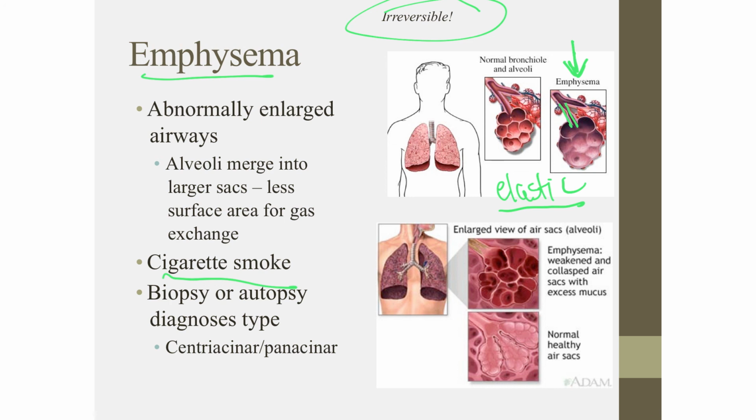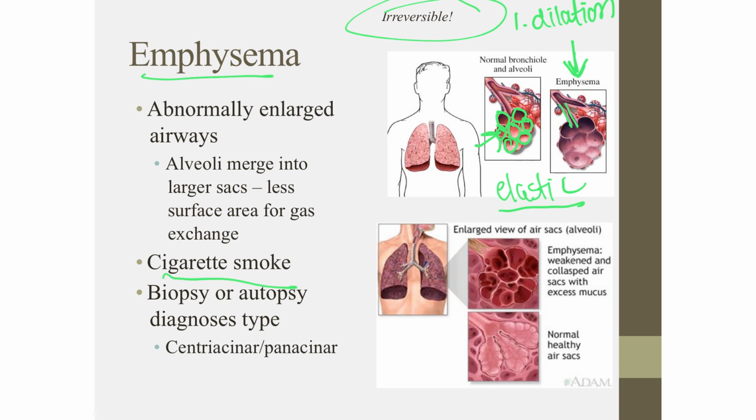So we see airflow in too quickly because, remember, the first problem is the dilation of these bronchioles. So dilation of bronchioles. When air flows in too fast to the alveoli, they look like grapes, but they are not individual grapes. They're kind of connected to one another, or separated by septi.